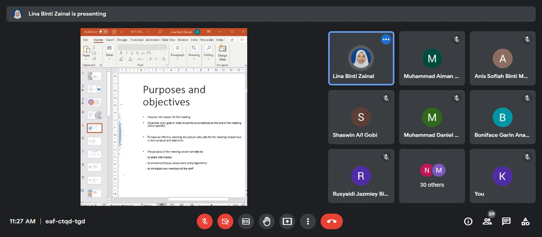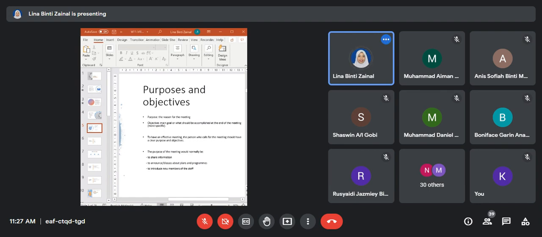Another purpose of a meeting is to discuss plans and programs. If you are assigned to, for example, Wong, she used to be the president of a Mandarin Society.